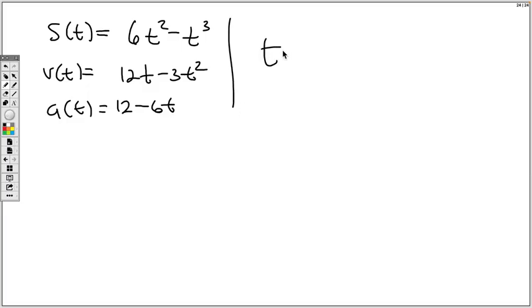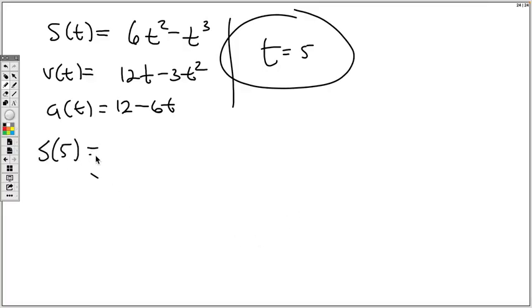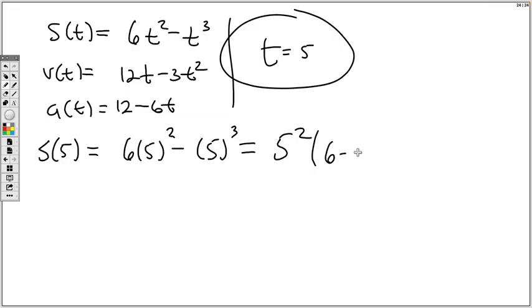So we're looking at t equals 5. If I want to know where the thing is, which of those three functions do I plug that into? What's the where function here? Yeah, position. So s of 5 equals 6 times 5 squared minus 5 cubed. Let's factor that 5 squared out, and then we'll get 25.